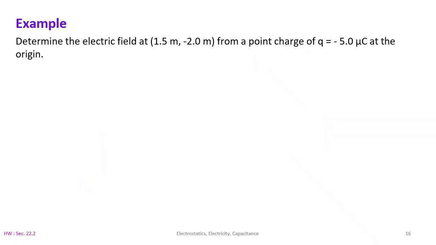The electric field from this is our position. So we've got this is our X and Y, and we want to find it due to this source charge that's causing the electric field, and this is the location. So here's our sketch. We always start off with a sketch. There's the origin.